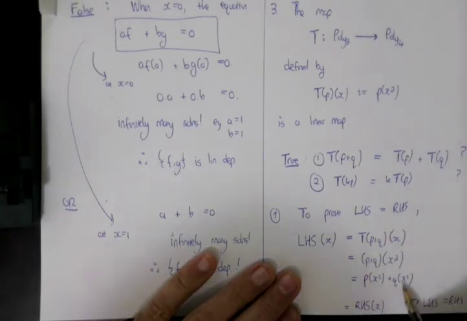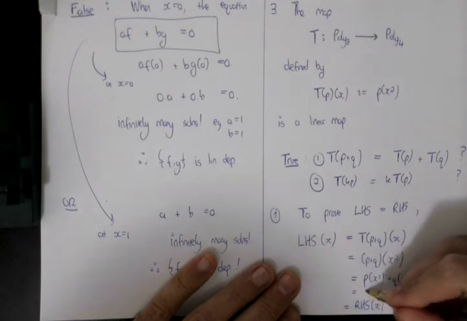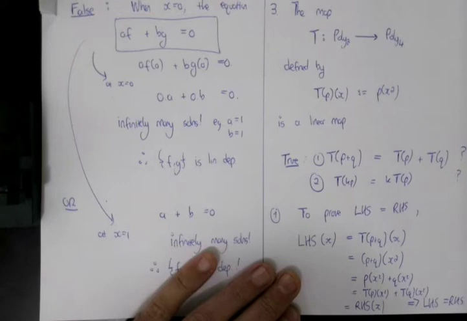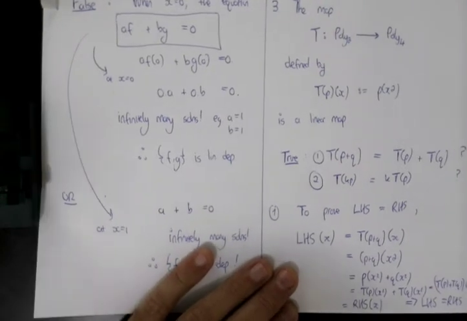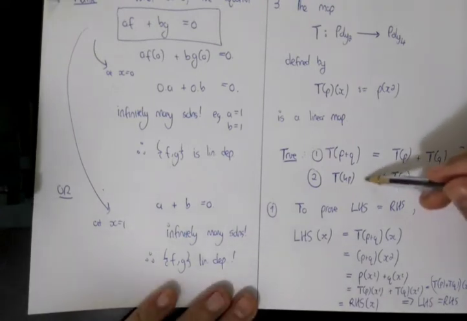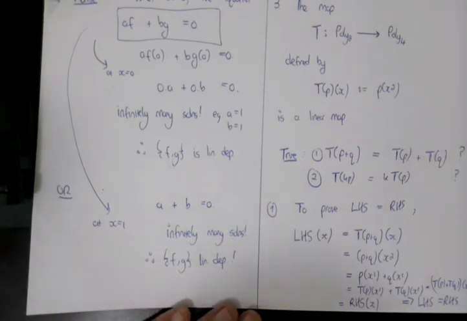But if I look at what I've got here, this is the same as T applied to p evaluated at x squared plus T applied to q evaluated at x squared. Okay, and this is the same as T applied to p plus T applied to q, everything applied to x squared. Hope you guys can see that. Anyway, that's why the left-hand side is the right-hand side. And it's the same for the scalar multiplication one, so you can go and check that.